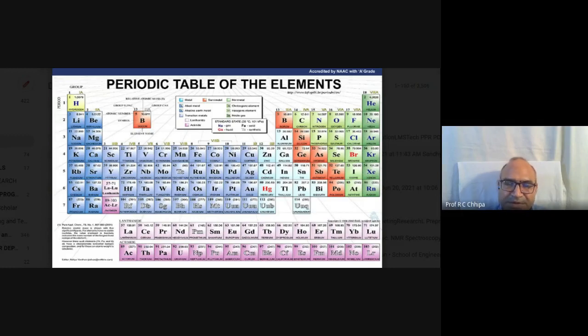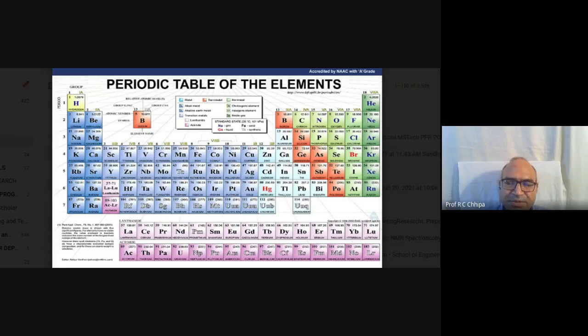So now the question is how the bond is formed between sodium and chlorine in the simple example of table salt. Why is sodium chloride's physical state solid?